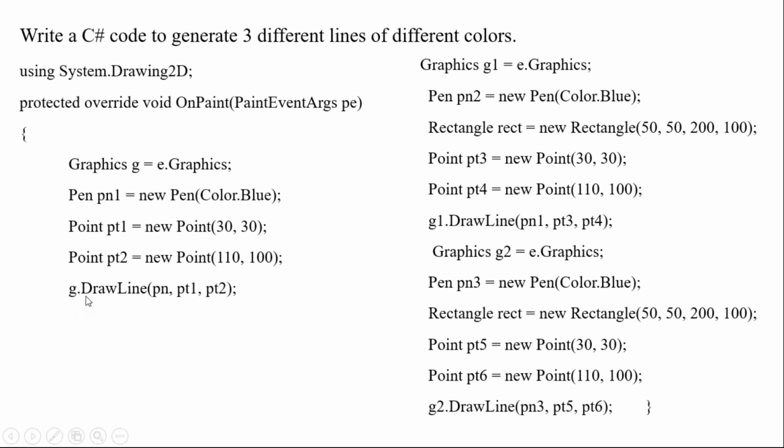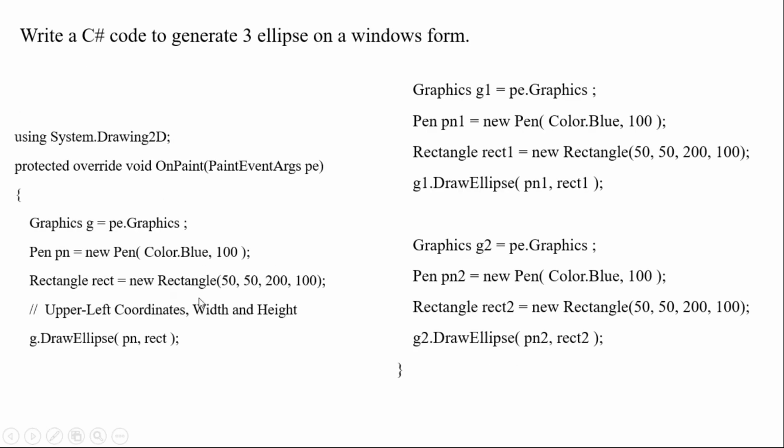And the last one was creating the ellipse. So again, create a pen, create a rectangle, give the size and coordinates, and use those as arguments in the draw ellipse method. So quite easy to remember all these things, right guys?